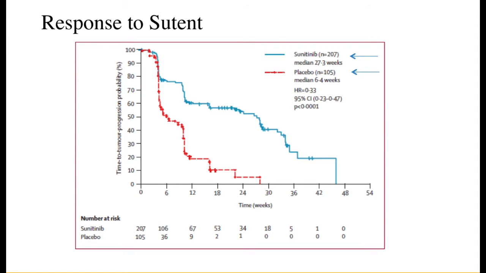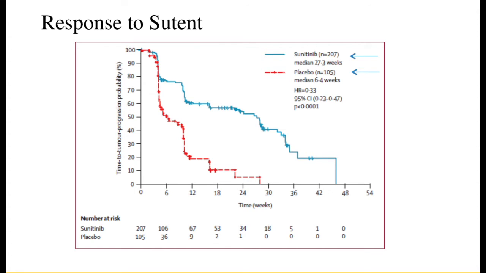The blue is Sutent, red is placebo, and so clearly the blues were better. On average, people were getting 27 weeks, which is almost 7 months of benefit. But compared to the 2 years of benefit on average with Gleevec, that's quite a significant reduction.